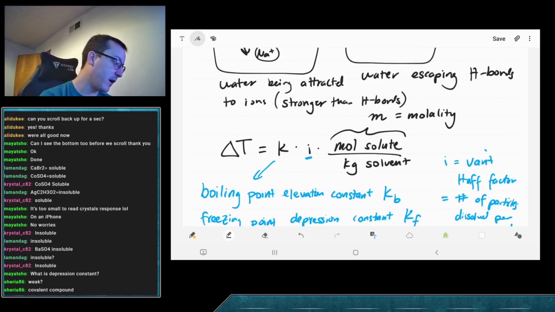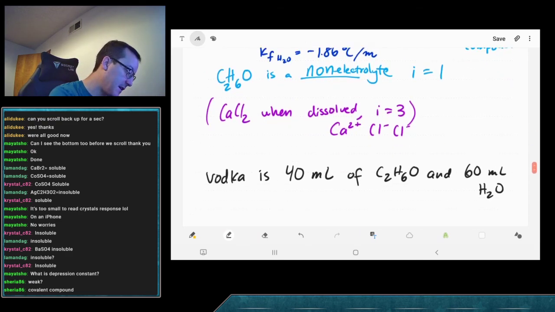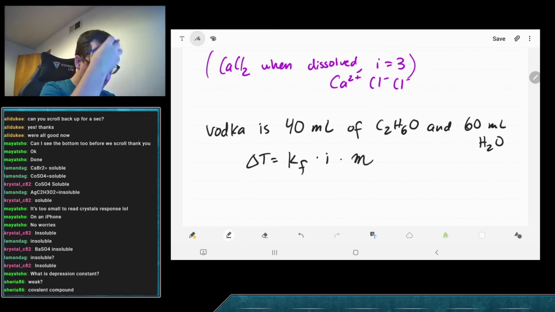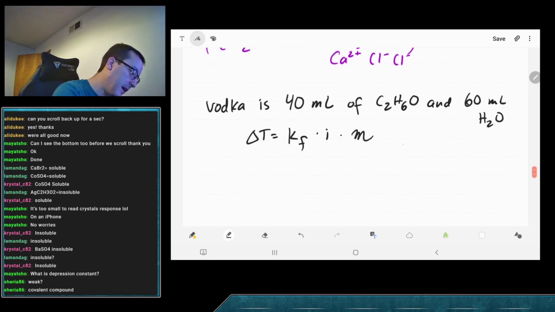How are we going to get that? Let me copy this down here. Let's look at freezing. Squiggly m is moles of, in this case, ethanol per kilogram of water.